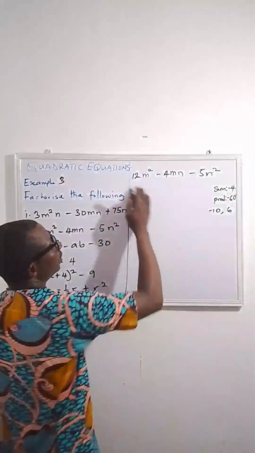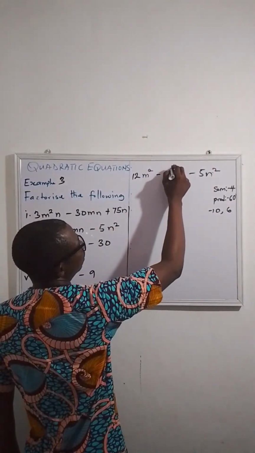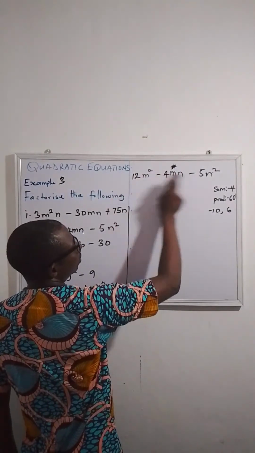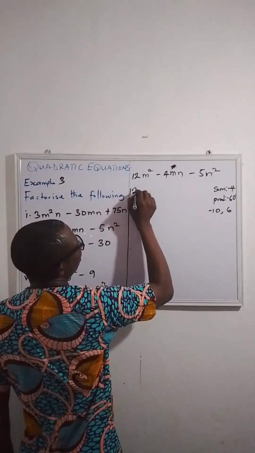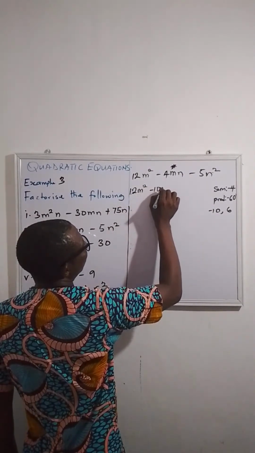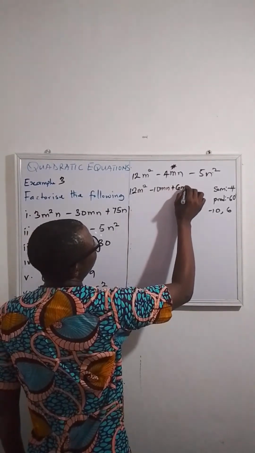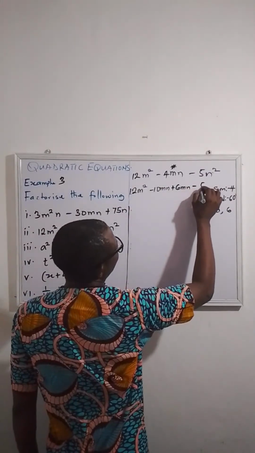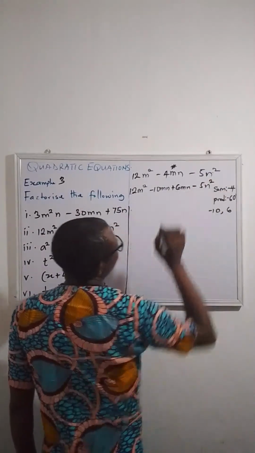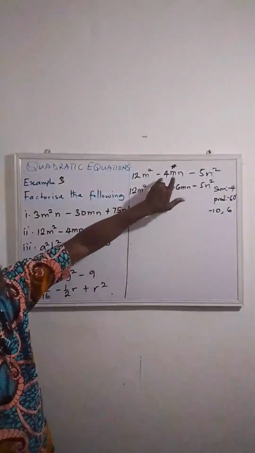Don't forget, this is what you want to split into 2, and not this. So we have 12m squared -10mn plus 6mn -5n squared. I hope you get that, because when you join this and this together, you have -mn.